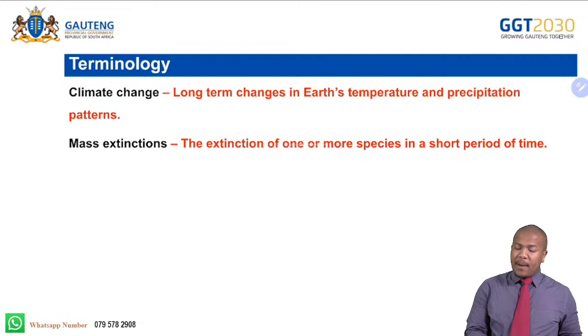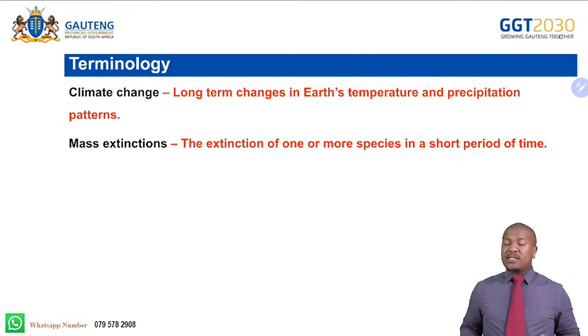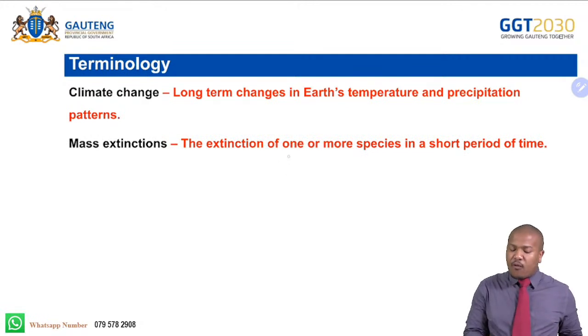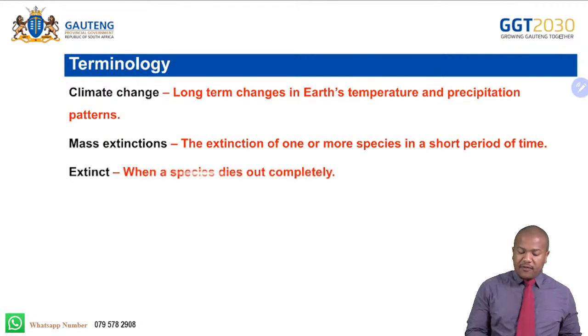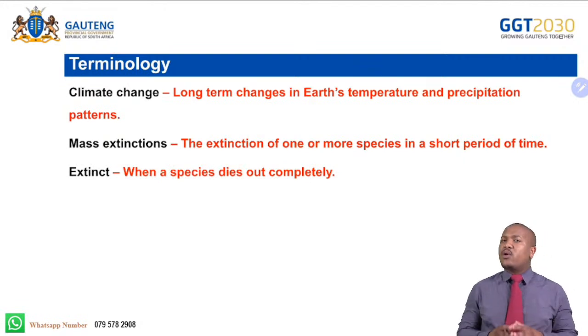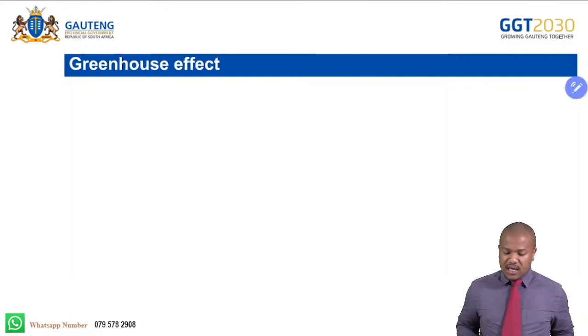We then have mass extinctions. Mass extinctions is the extinction of one or more species in a short period of time. We then have extinct. What do we mean when we say something is extinct? We mean that a species dies out completely. So these are all the important terms that we're going to talk about that are involved in this lesson.